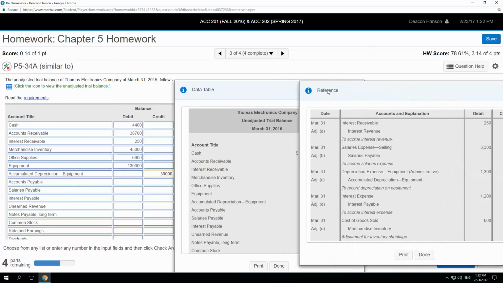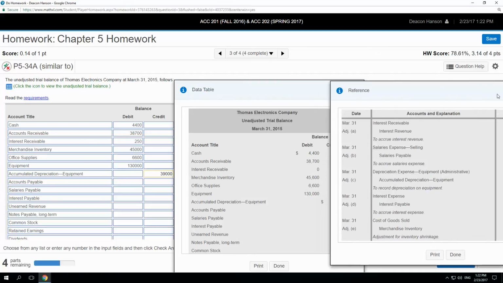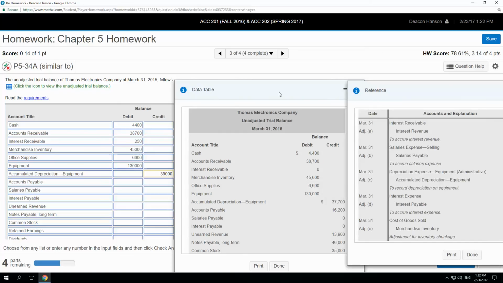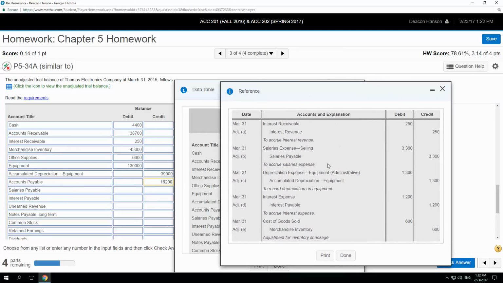Accounts payable. Did we do anything with accounts payable? We had salaries payable, interest payable, but no accounts payable. So accounts payable will come over at its balance of 16,200. Make sure you put it in the credit column because it has a credit balance. Okay. Salaries payable. Looks like we did do something with salaries payable. There was a credit of 3,300.